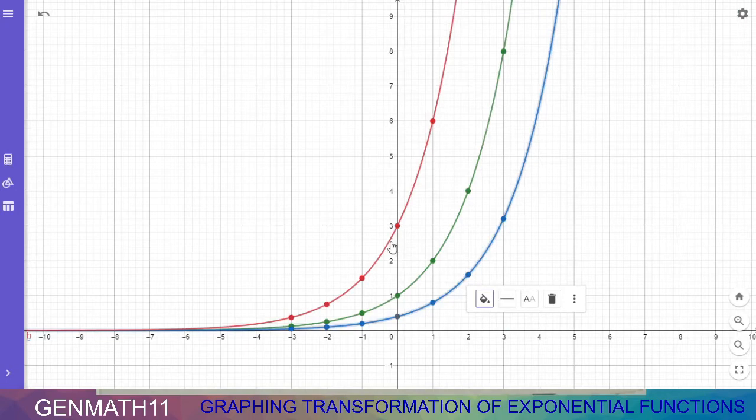Then ito naman yung may 3. Then ito yung original function natin, which is 2 to the x power. Ganyan lang yung igagraph yung ating vertical shrinking or stretching. Ang shrinking dito yung nasa baba, then the other one is the stretching. So, next tayo.